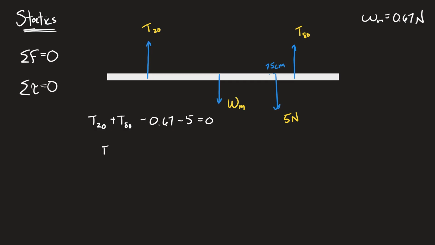But that alone isn't enough to distinguish one tension from the other. I just know that the two tensions have to both apply an upward force equivalent to the total weight of the bridge and the load.